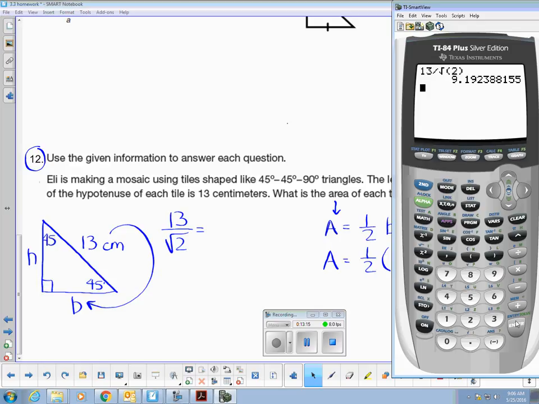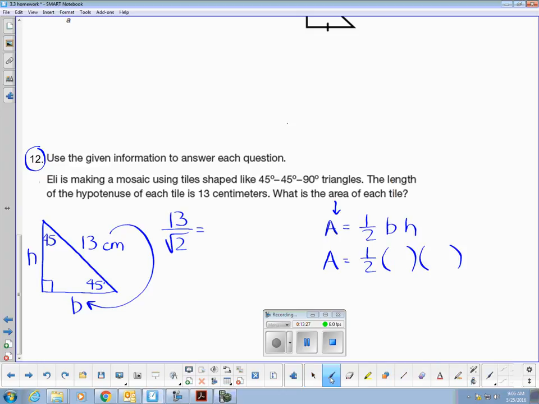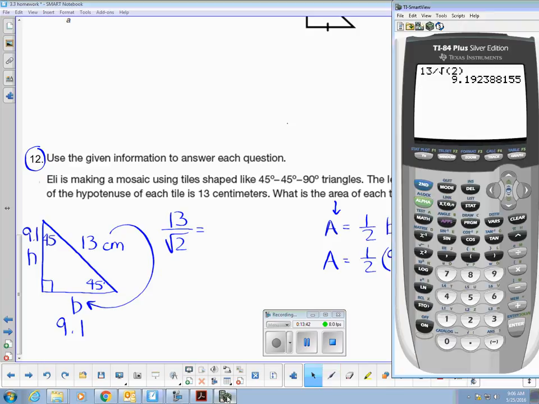So if my leg is about 9.192388155, and the other leg is the same distance, so let's take a look here. Both of these sides are about 9.1, then I can substitute for my base and my height being the same value. I should probably round that a little bit better. Let's do 9.2.